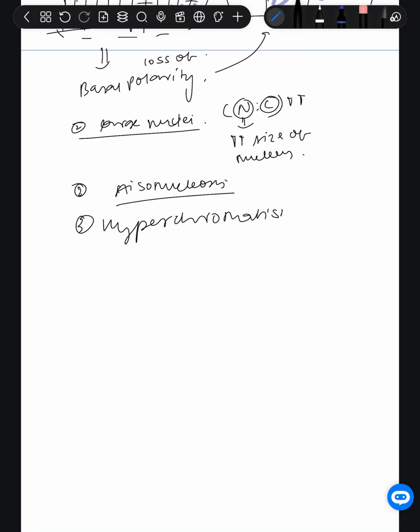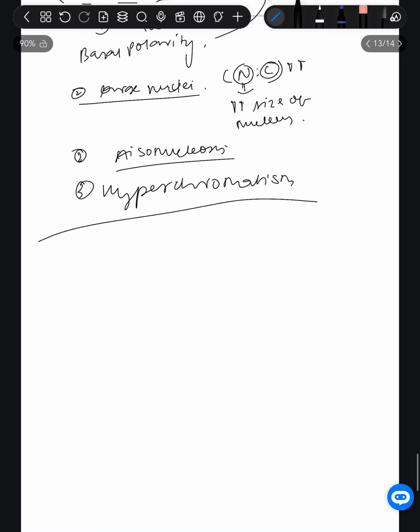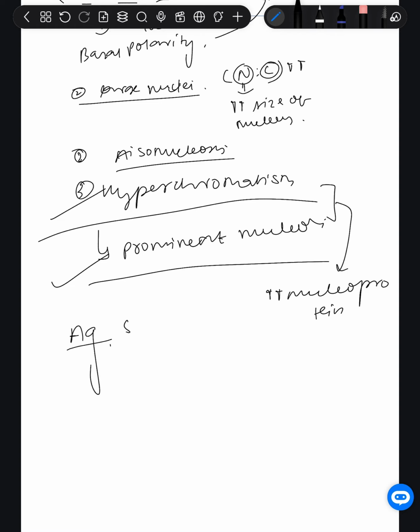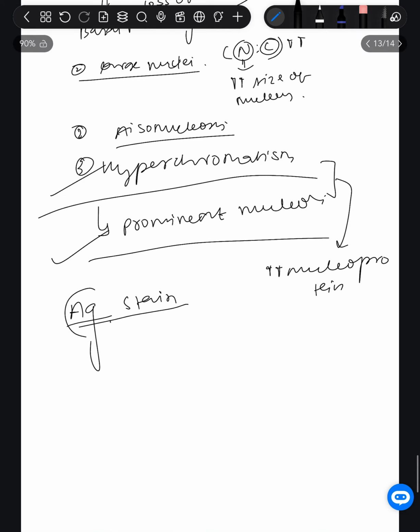Then we have prominent nucleoli. These two points are because there is an increase in nucleoprotein, which causes hyperchromatism and prominent nucleoli. Pathologists stain the nucleus or nucleoli with silver.